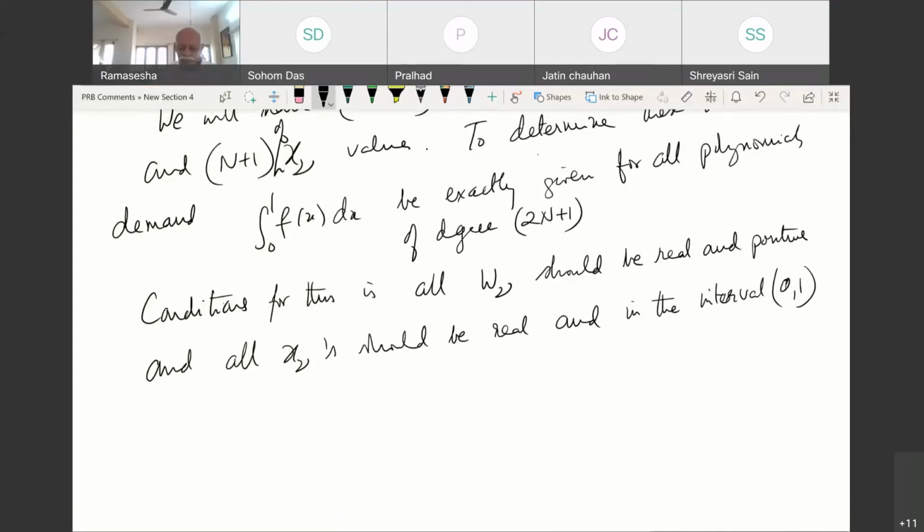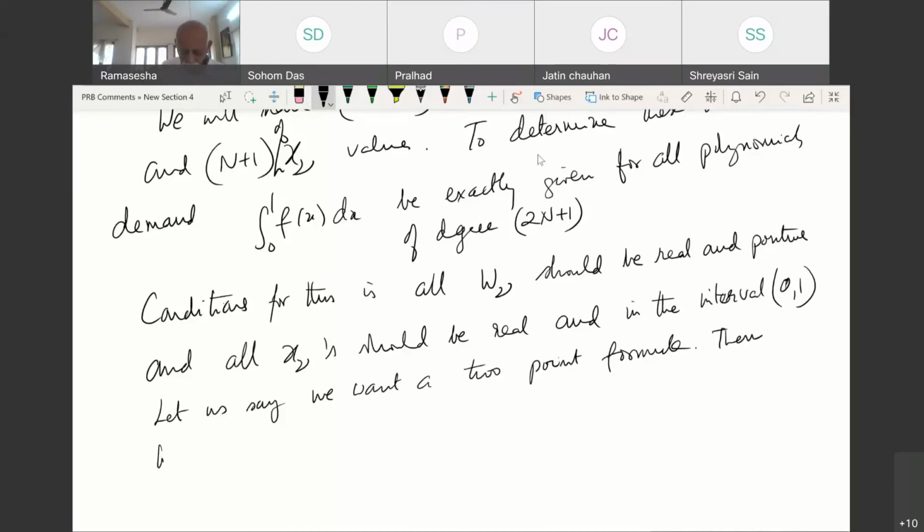Okay, so supposing I want to do this, let us say we want a 2-point formula. Then we will have W1, W2, and X1, X2.